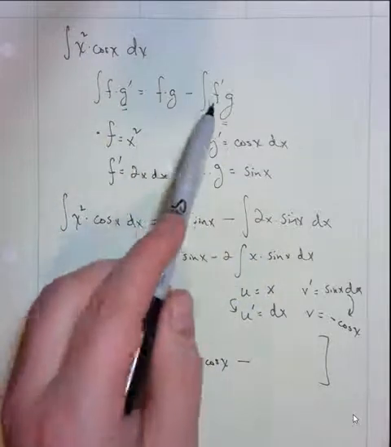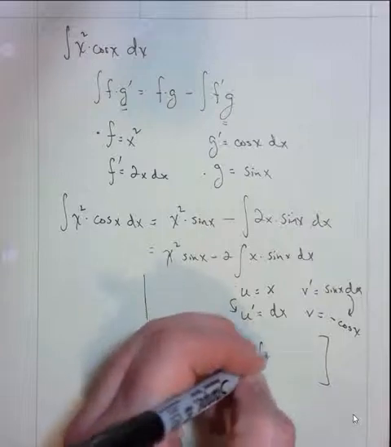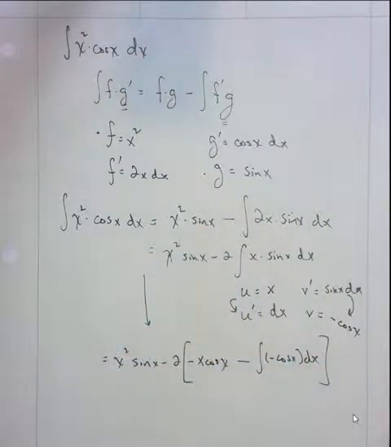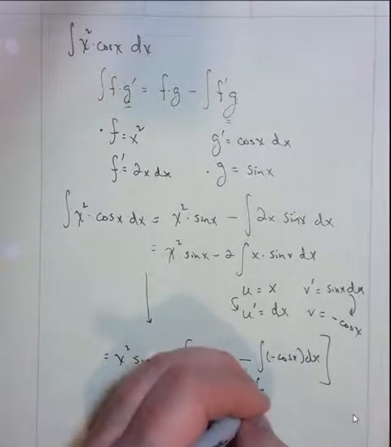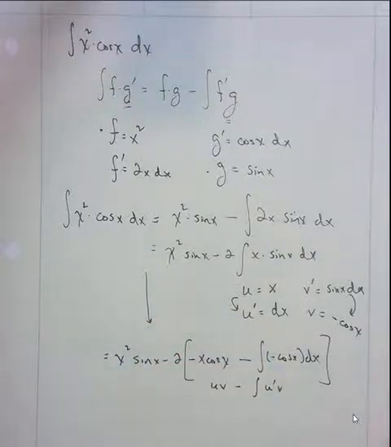the integral of u prime v, or this times this, so minus the integral of negative cosine x dx. So uv minus the integral of u prime v. Clean up.